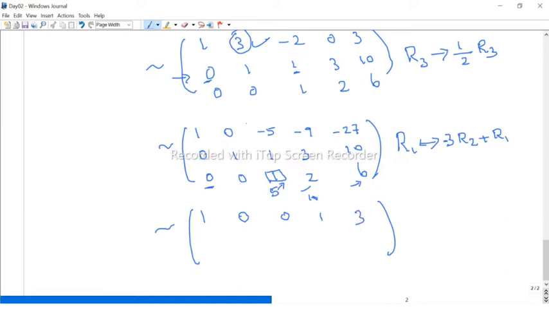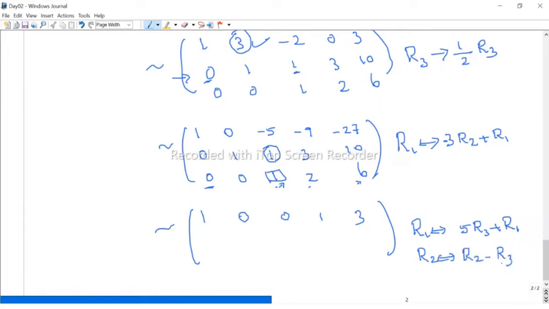Okay, now we did that part. Just to write what we did: I am going to replace R1, the first row, by R1 plus 5 times R3, the third row. Now the second row also: we have to make this position 0, right? Therefore, just subtract the third row from the second. So I am going to replace the second row by R2 minus R3.